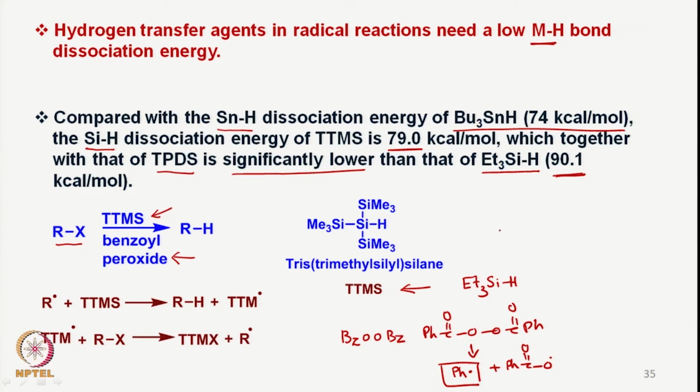So, you have R-X that leads to the formation of R dot plus Ph-X. So, this is how one possibility can be.